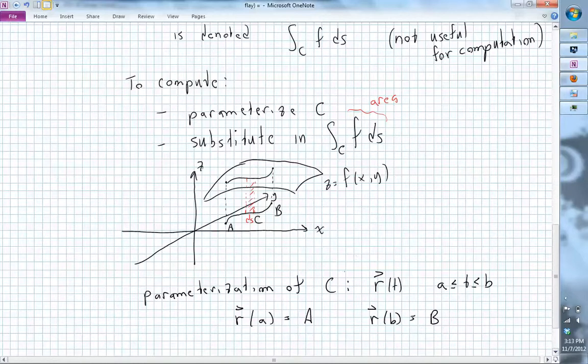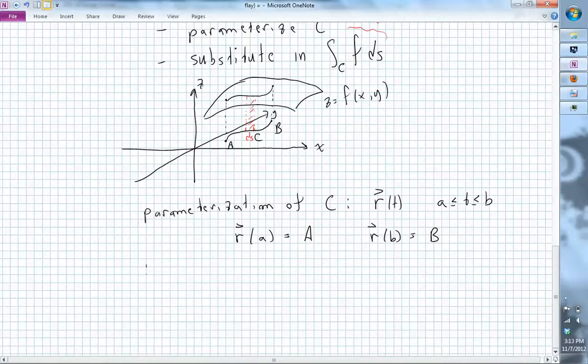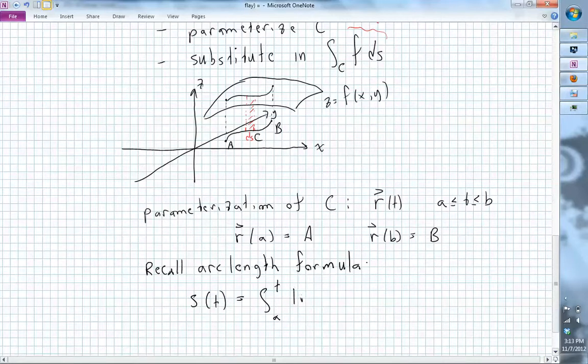Okay, let's look at arc length. The arc length formula, think way back. Oops, can't use T. Let's use W. That should look mildly familiar.